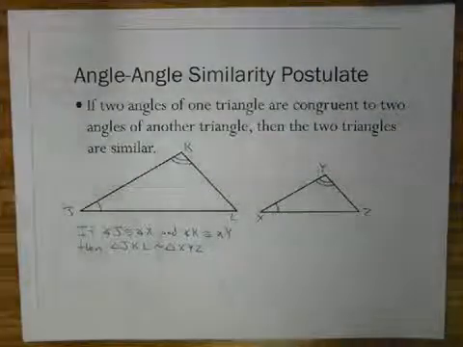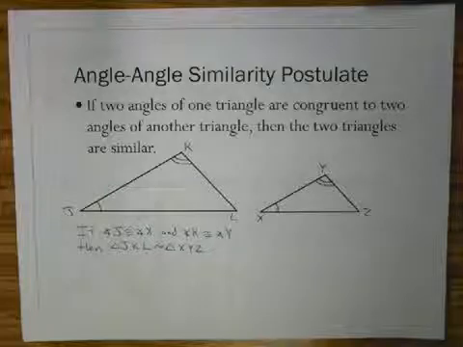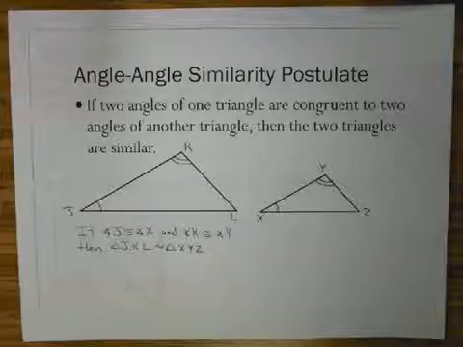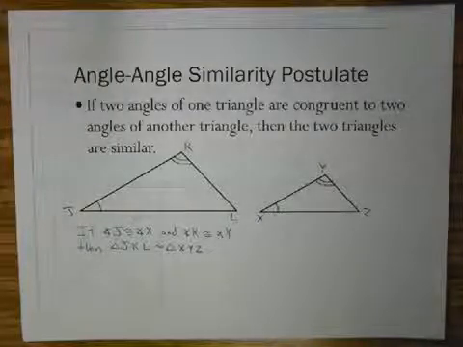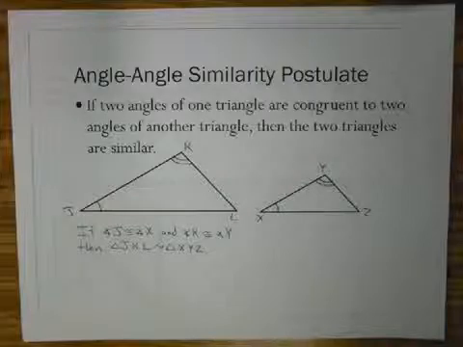So just by having two sets of angles, we know we have similar triangles. It's enough. Now it's not angle, angle, angle. If we knew the third angles, well, yeah, those would work too, but we don't necessarily need them.